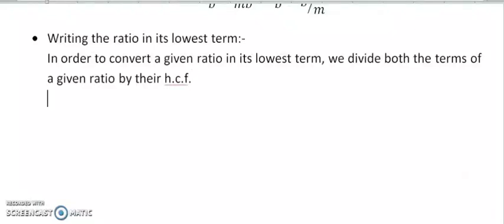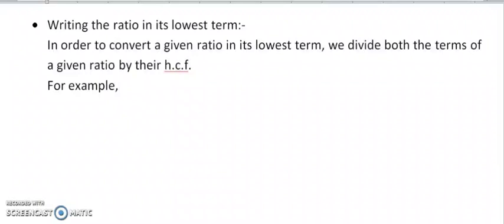For example, suppose we are given a ratio 8 upon 12.